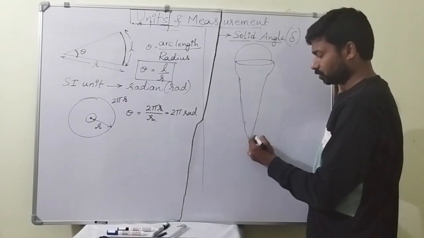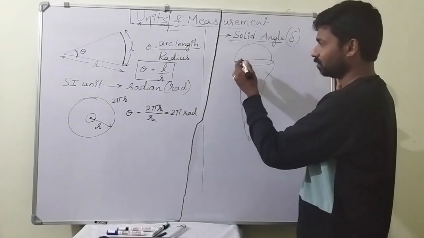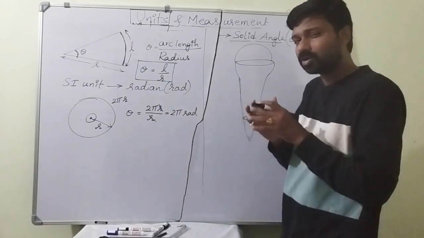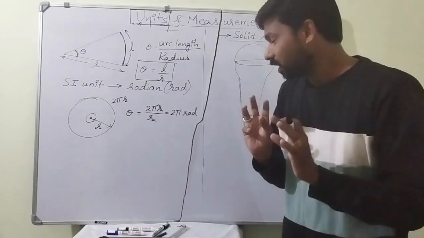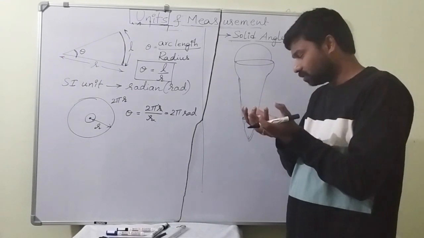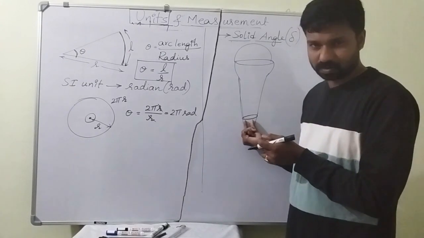Now if you look after eating it, not completely eating, at this corner you will have one particular angle, right? It is not a plane angle. From all three dimensions, there is one angle which is formed at this corner, the apex of this cone.